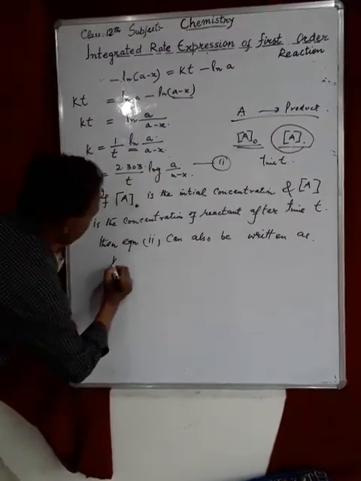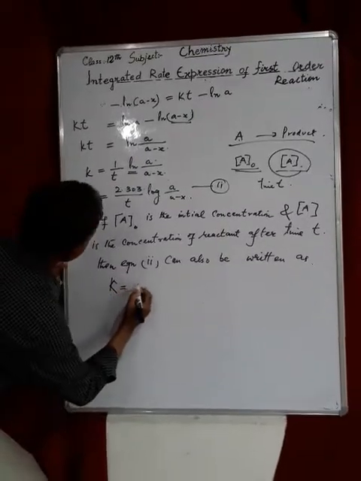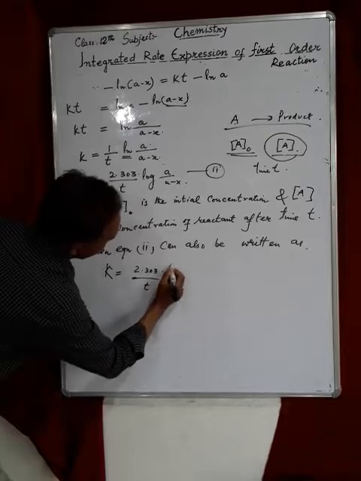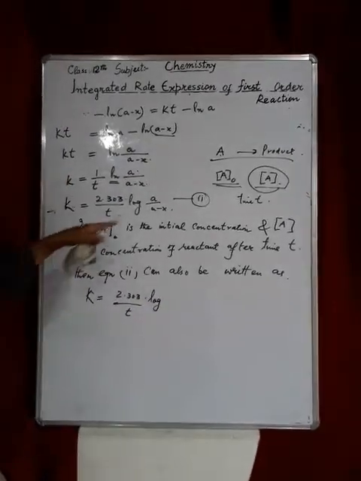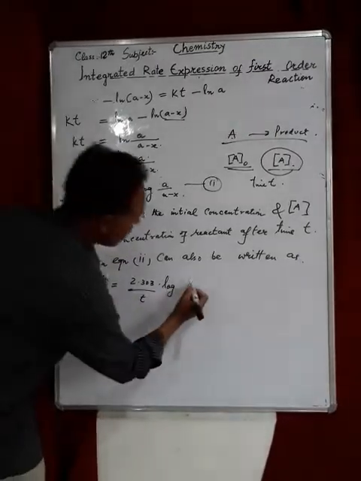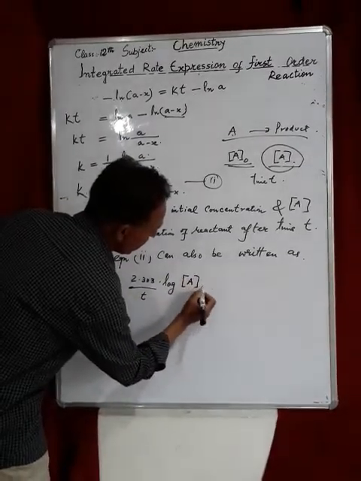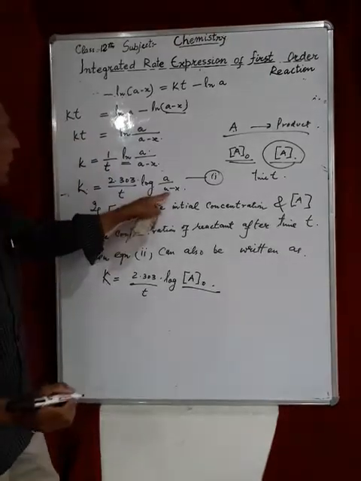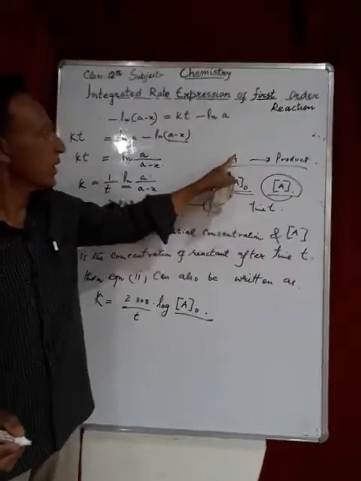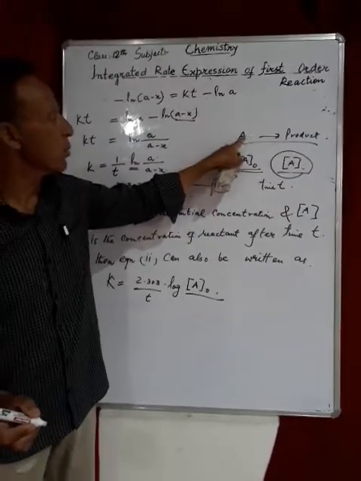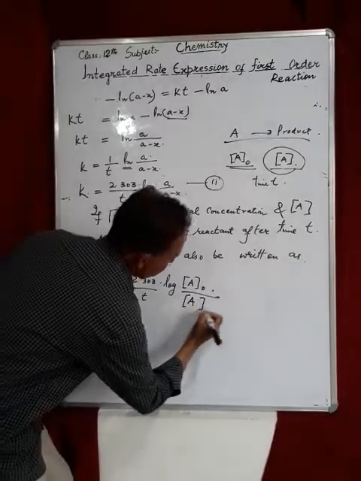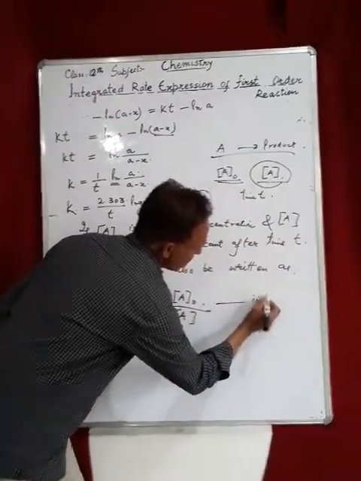The equation second can also be written as K is equal to 2.303 divided by t log of, instead of a we have A naught, divided by, instead of A minus x we have the concentration of the reactant A after time t, A in the bracket. So equation third.